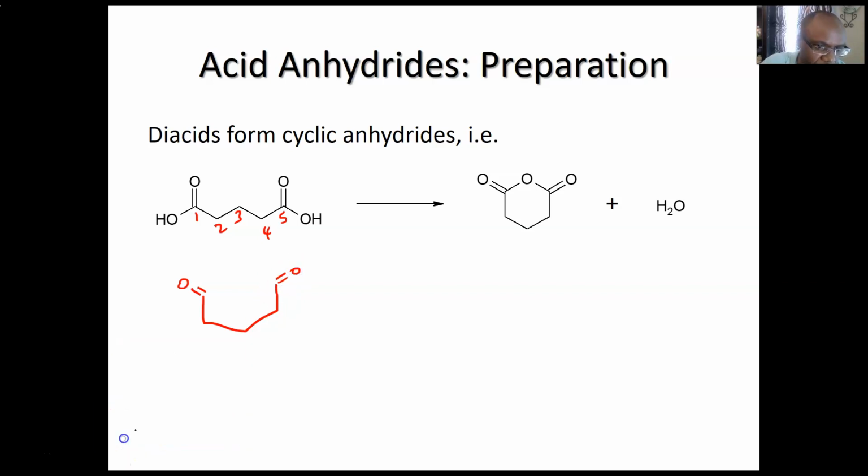In fact, if I use a black pen, this will be the black part, so that keeps its oxygen, but the other one is going to lose its OH. So this loses OH, this loses hydrogen. Click it together, you get your cyclic anhydride. And of course you're losing water.